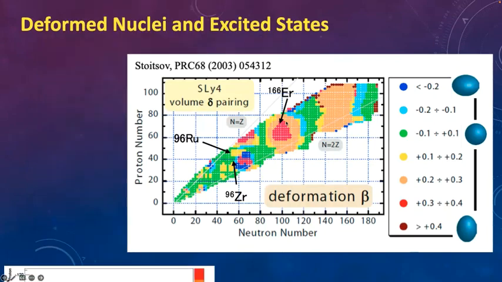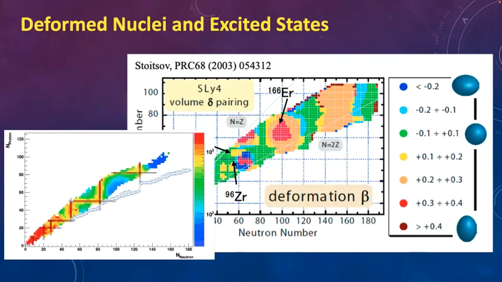So I prepared this. This bottom figure is, for example, the mapping of first excited states, which is a very sensitive probe to confirm the magicity. If the excitation energy is high, it means it's difficult to excite because it's very stable.